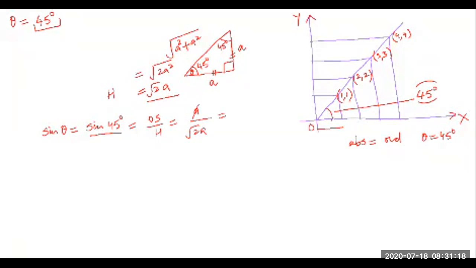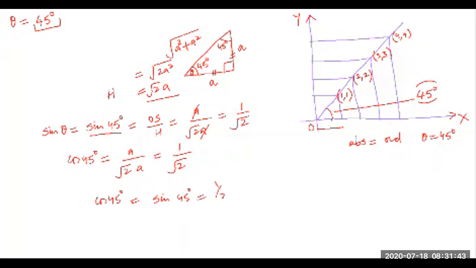A cancels with A and I get sine 45 as 1 by under root 2. You see students, same will be the result for cos 45 also. Because cos 45 is adjacent side, and adjacent side is also A, divided by hypotenuse under root 2 a, which is also equal to 1 by under root 2. So you can say cos 45 is equal to sine 45 is equal to 1 by under root 2.